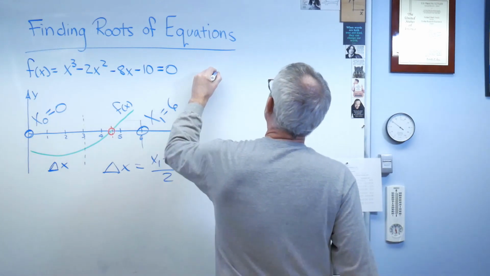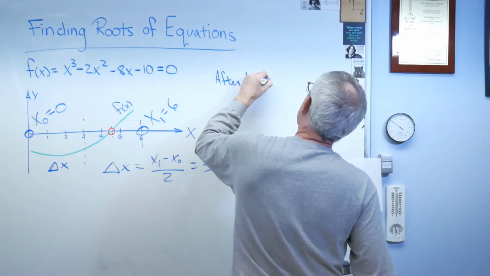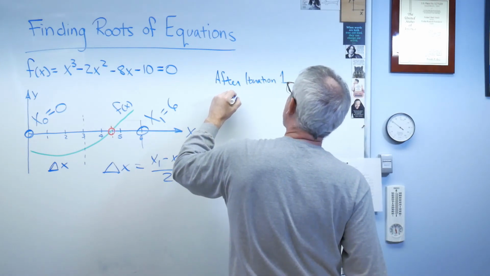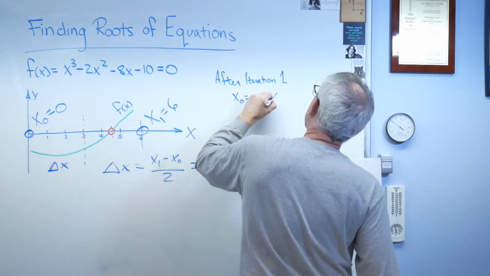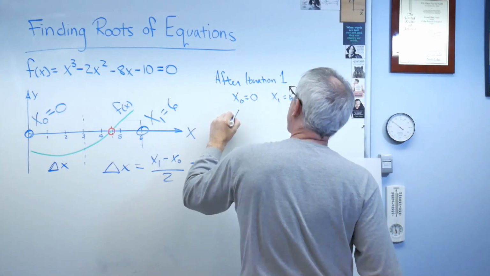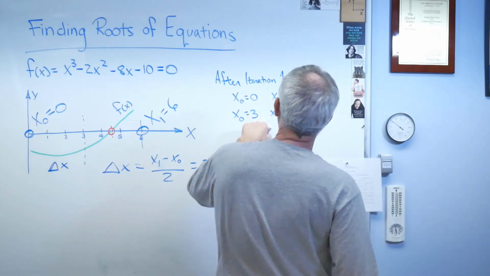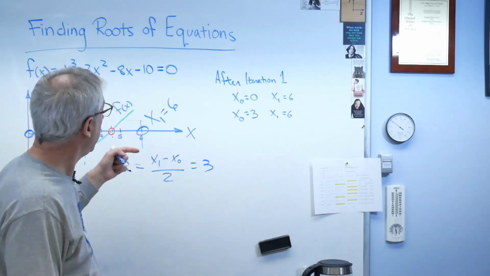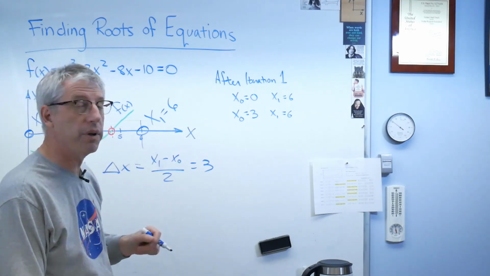So after iteration 1, my range went from x0 equals 0, x1 equals 6. Now I have x0 equals 3, x1 equals 6. My range just went down by half. And I'm going to just keep doing this, cutting my range in half every time.